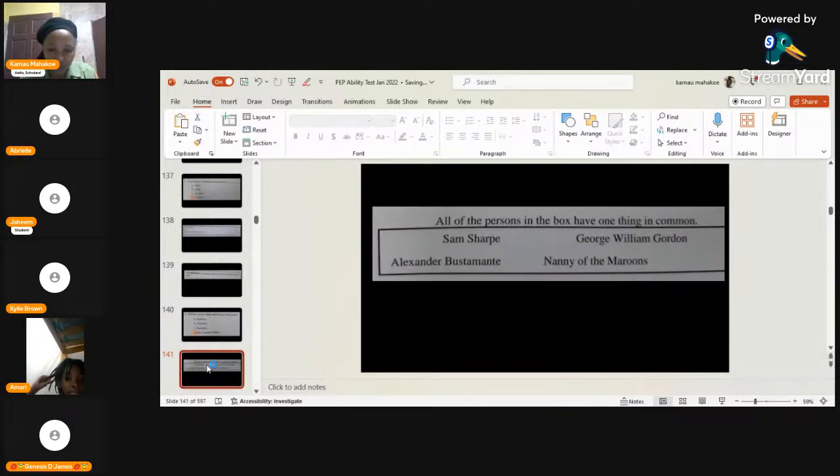All right, so all the persons in the box have one thing in common: Sam Sharp, Alexander Bustamante, George William Gordon, Nanny of the Maroons.